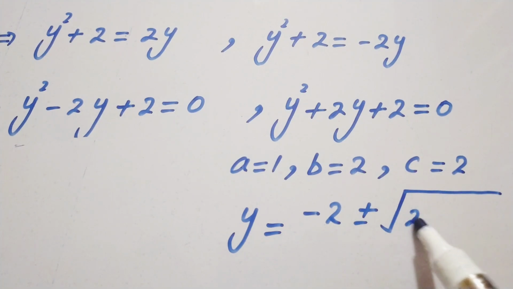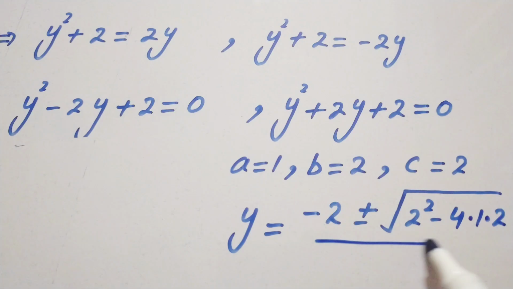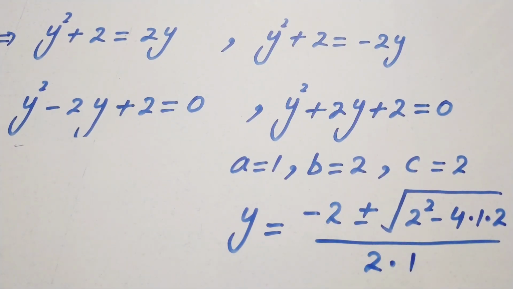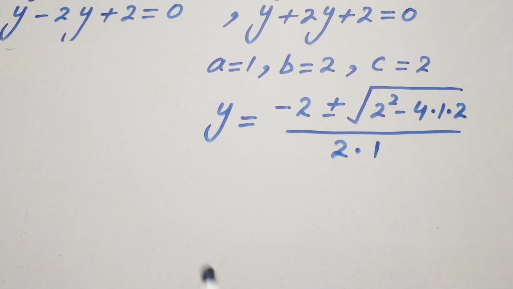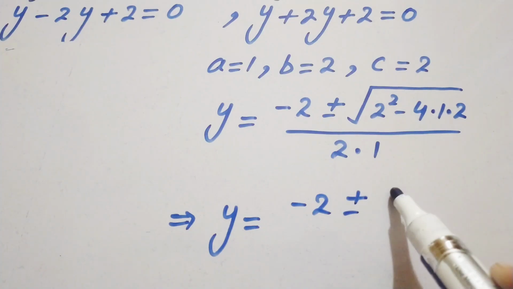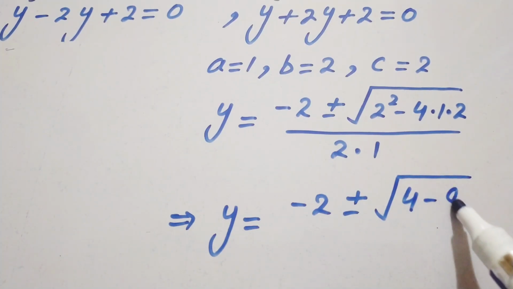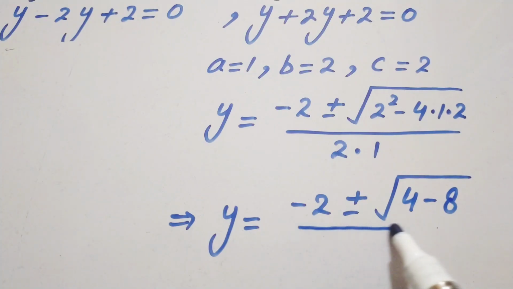B squared means 2 squared minus 4ac. A is 1 and c is 2 divided by 2a, 2 multiplied by 1. So this implies y is equal to minus 2 plus minus 2 squared is equal to 4 minus 4 multiplied by 2, 8, divided by 2.